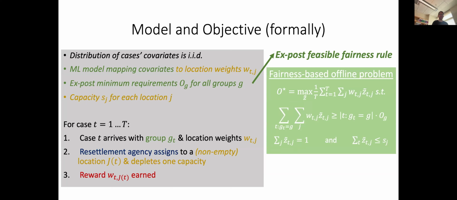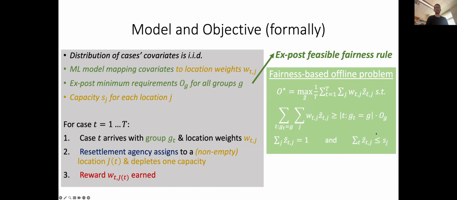With this formulation, we can write an offline problem which effectively says maximize over all assignments the average employment outcome across all of the cases, subject to three types of constraints. The bottom left constraint says every case needs to be assigned.